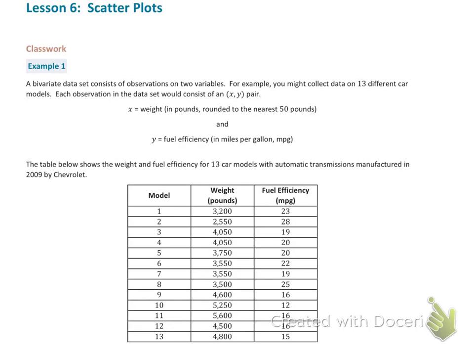Okay, so here's our first example. There are some new terms here for you. Bivariate is something you might not have heard before, and you'll want to think about what that word could mean.